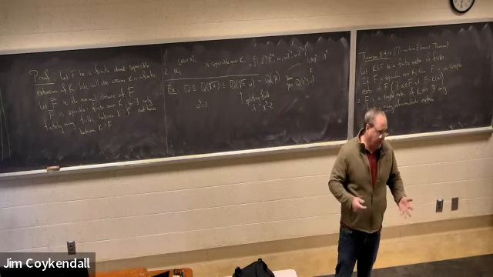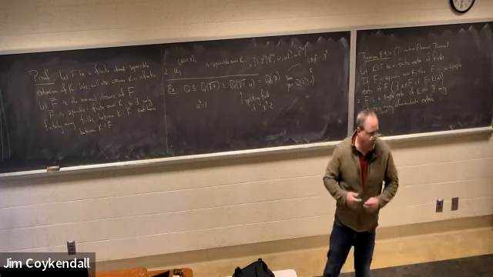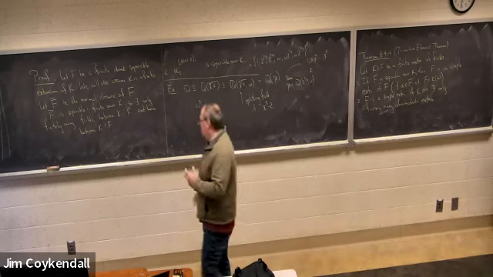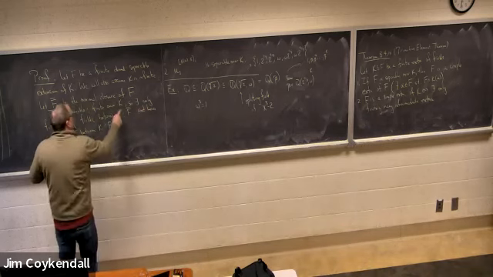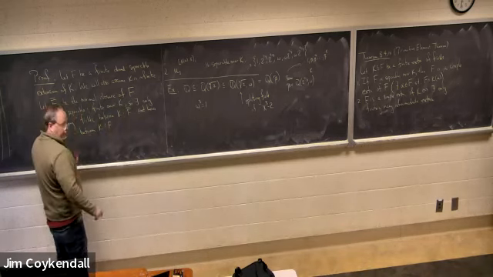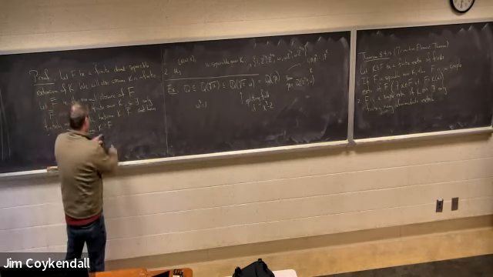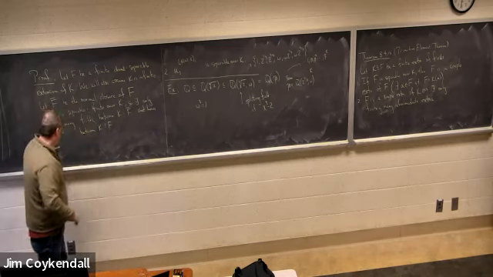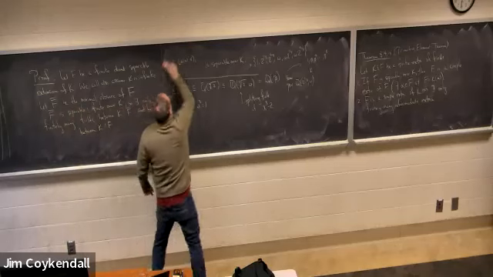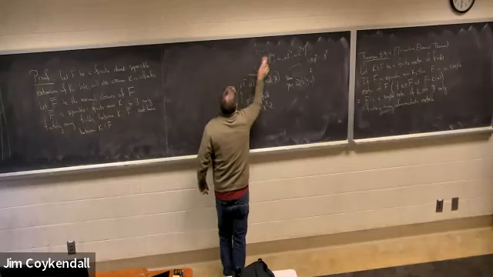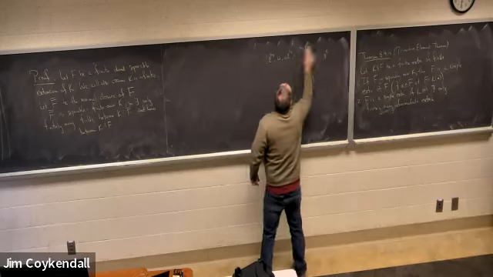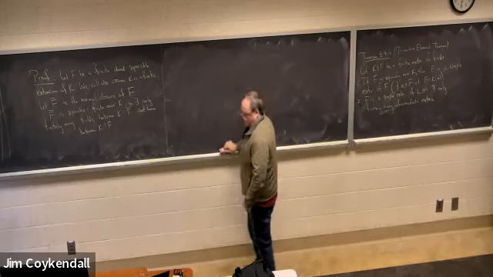That means there are only finitely many intermediate fields by what we know from Galois theory. So if there are only finitely many fields between K and the big field, then there are certainly only finitely many fields between K and the smaller one, right?